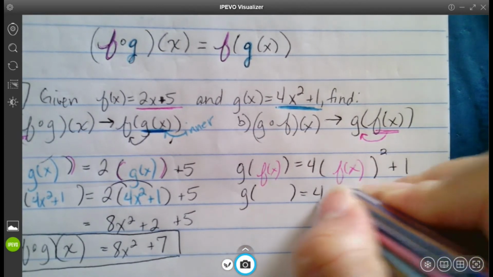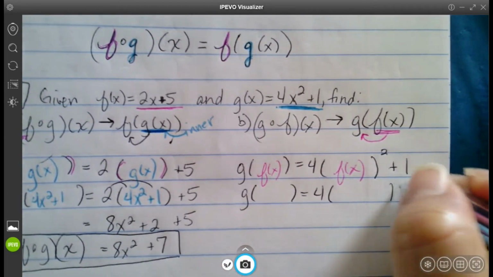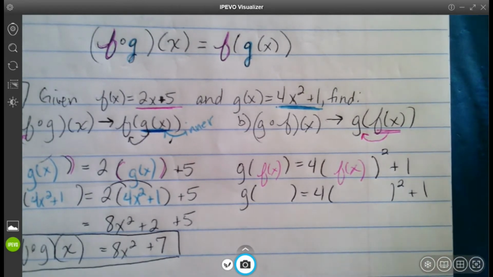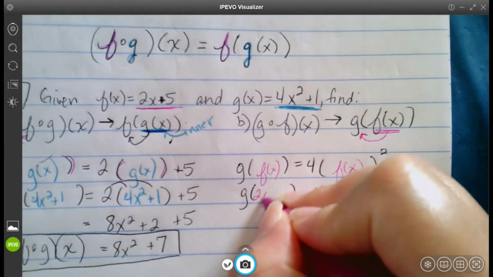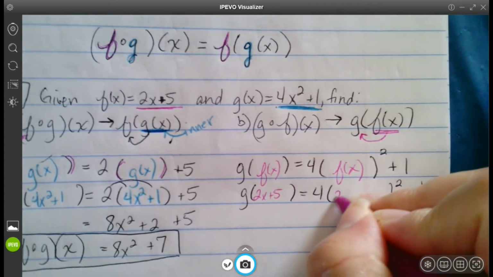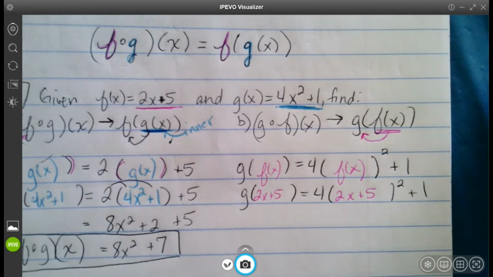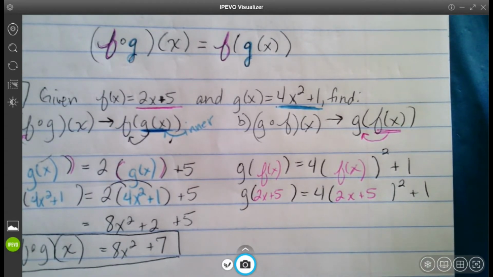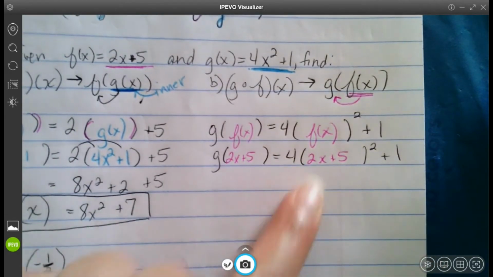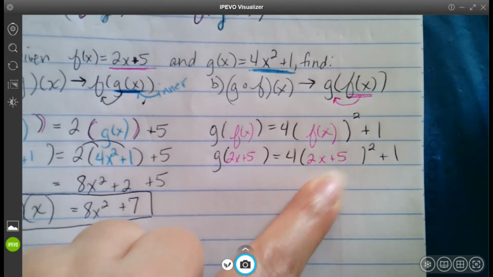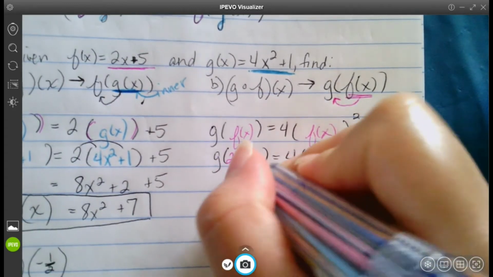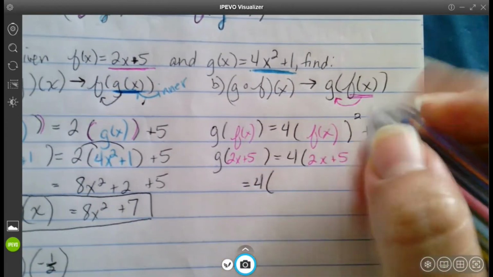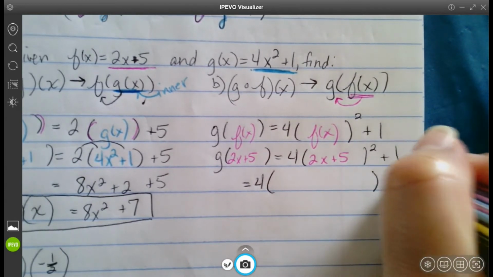Instead of putting the letter f of x, I'm going to put what it's equal to. In this case, it's equal to all this, 2x plus 5. And now this becomes a fun problem because we have a parentheses with more than one term and it's squared. Whenever you see that, you should know right away I'm going to have to FOIL. Okay, so I'm going to put some room here and do a big parentheses and then put that plus 1 here.